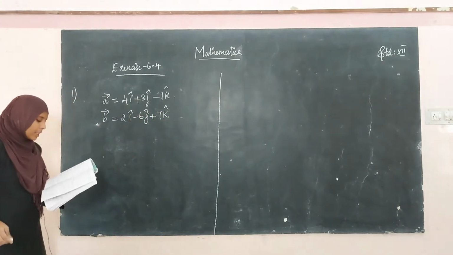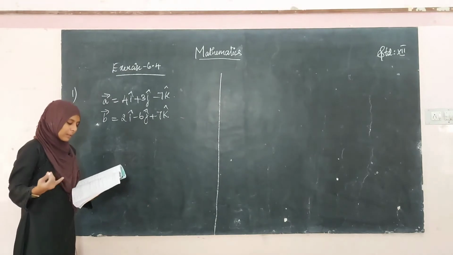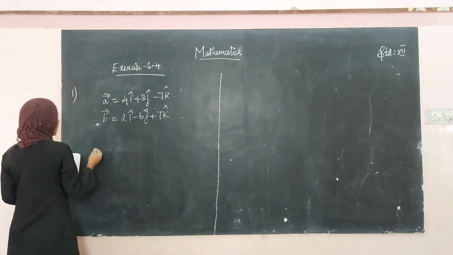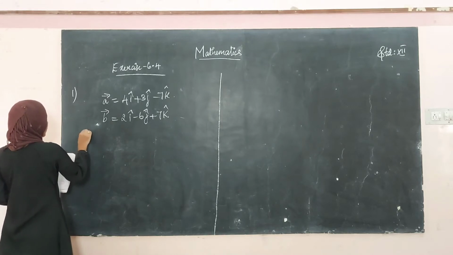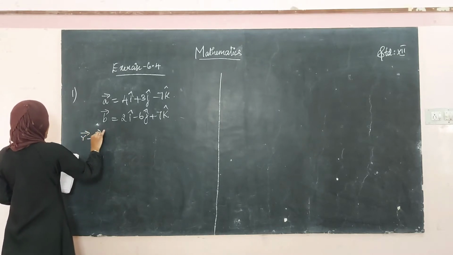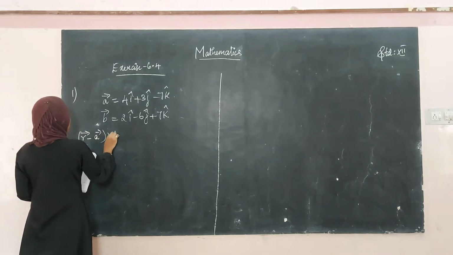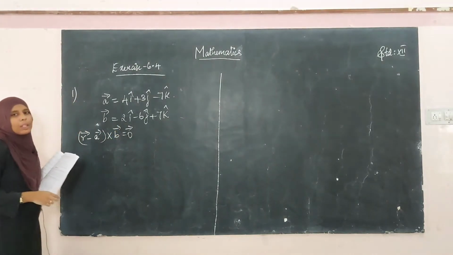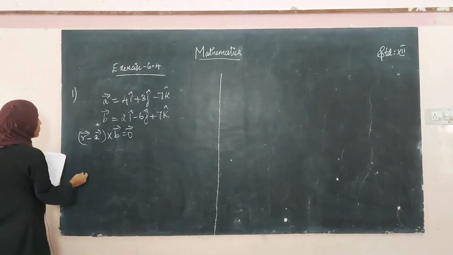Okay, what have they asked? Non-parametric form of vector equation. They have asked us to find the Cartesian equation. What's the formula for finding the vector equation, non-parametric form? (R vector minus A vector) cross B vector equal to 0 vector. This is the non-parametric form of the vector equation. Now let us substitute it here.